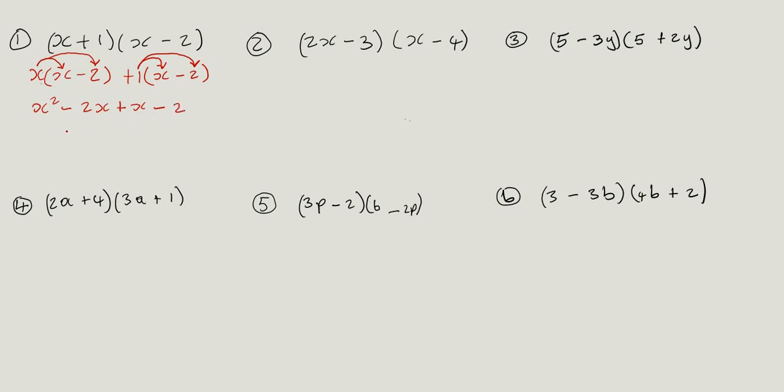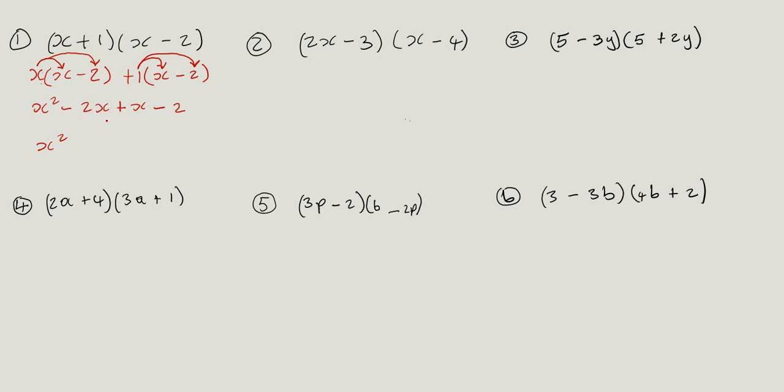To get our final answer, we are going to combine the like terms. So we note we only have one x squared term, so we write that back. When you look, you have a term that is minus 2x, and you have another term that is plus x. These are like terms, right? So we can combine them to give us one term.